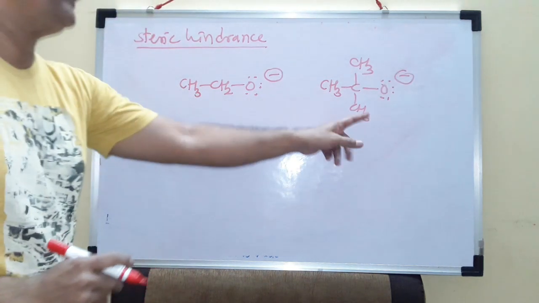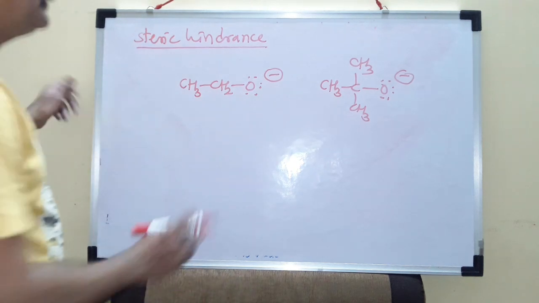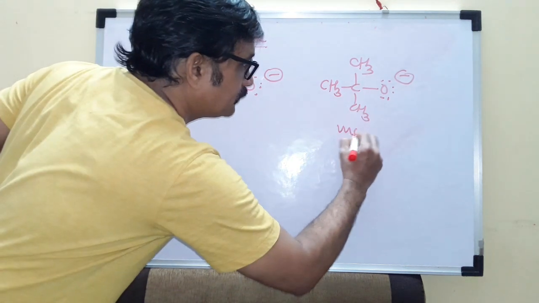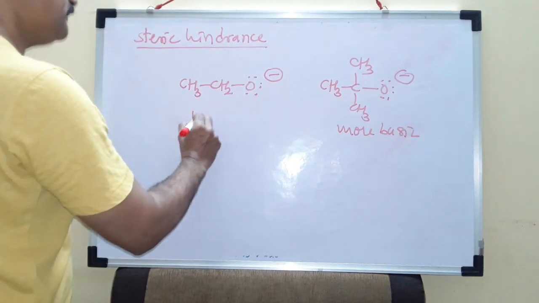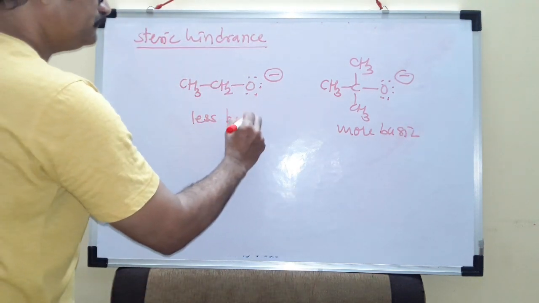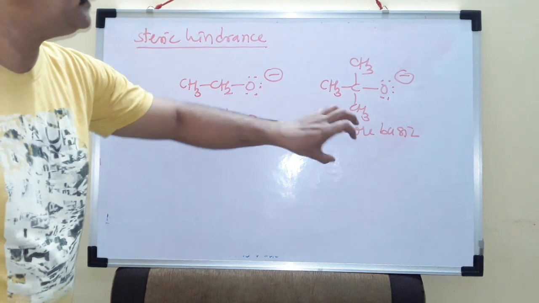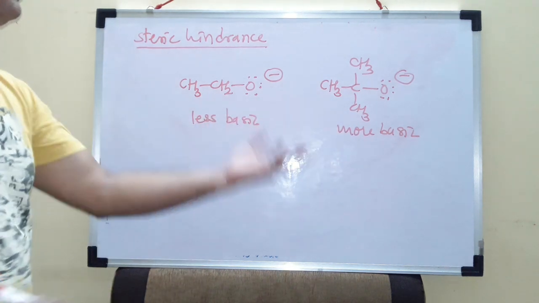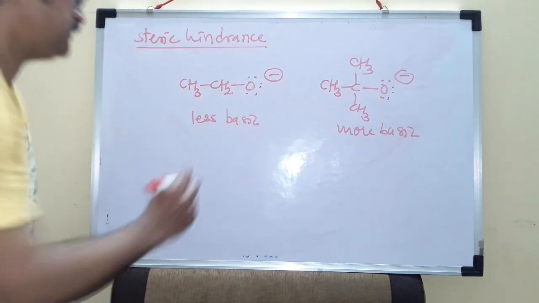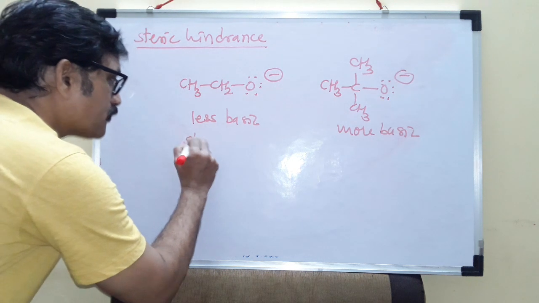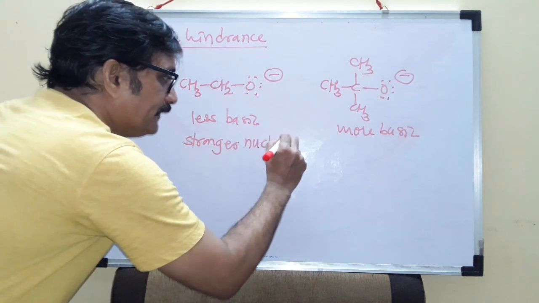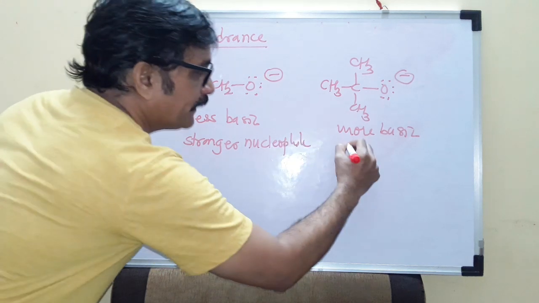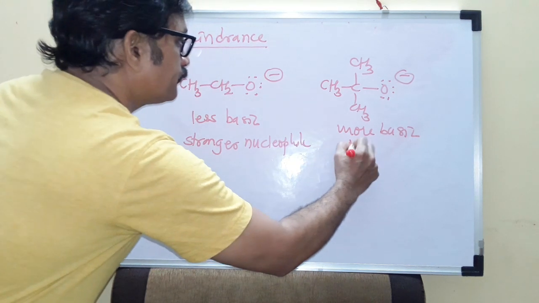So this is the nucleophilic atom. Which is more basic? Actually this is more basic, and this is less basic. The sterically hindered one has more basicity, but this is a stronger nucleophile, and this is less nucleophilic.